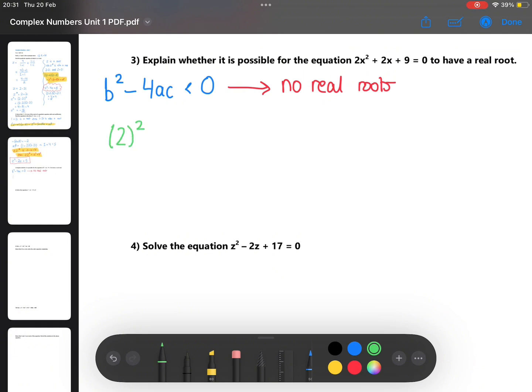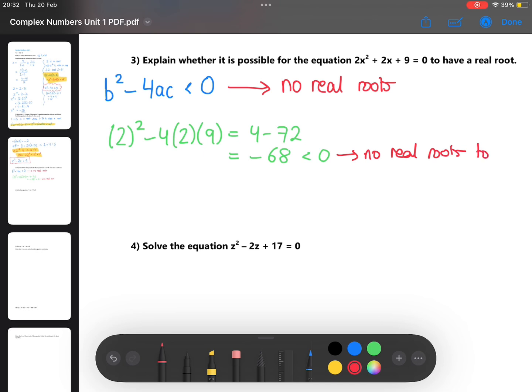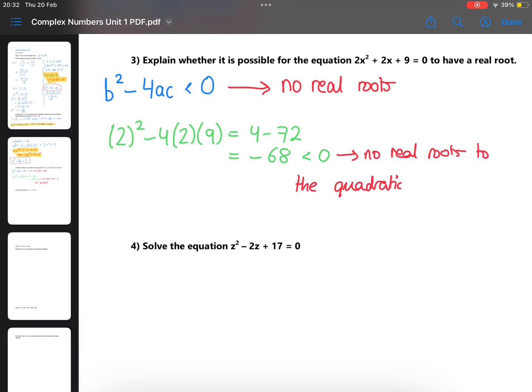So we have 2 squared minus 4 times 2 times 9, which is 4 minus 72, minus 68, which is definitely less than 0. And therefore, there are no real roots to the quadratic equation. It's that simple. More of an A-level maths question, really. But there we go.